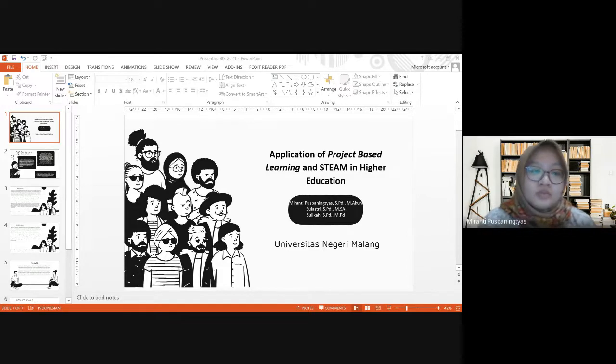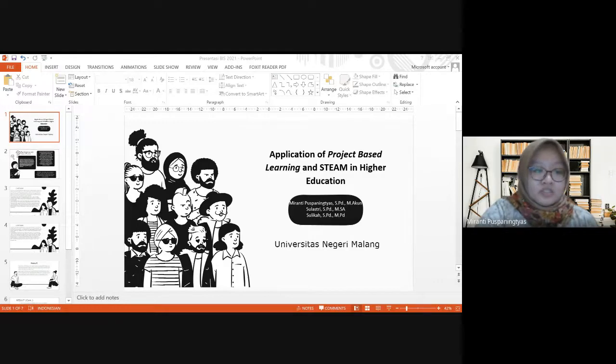The research procedure includes the planning stage, the implementation stage, and the final stage. For the planning stage, we prepared the semester lecture plan, or RPS. The research instrument is in the form of a test sheet, a pre-test first, and then a post-test after we give the treatment.